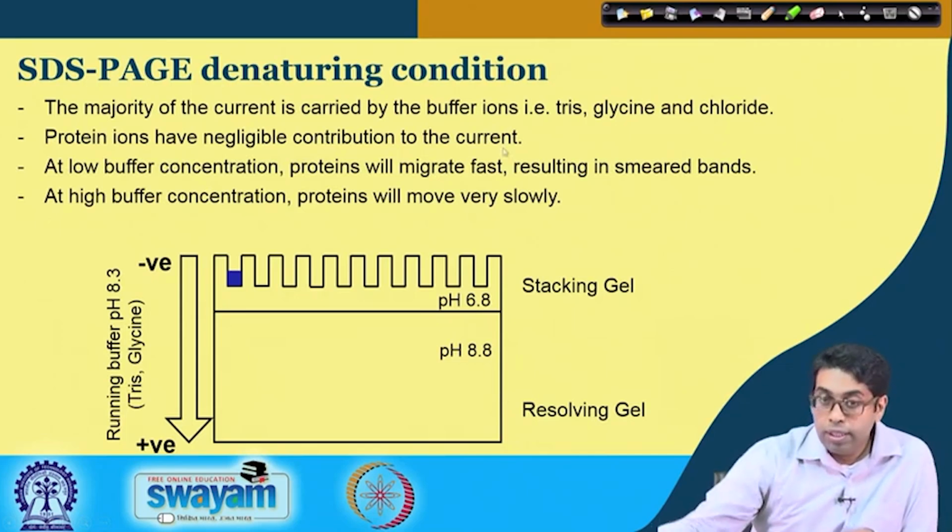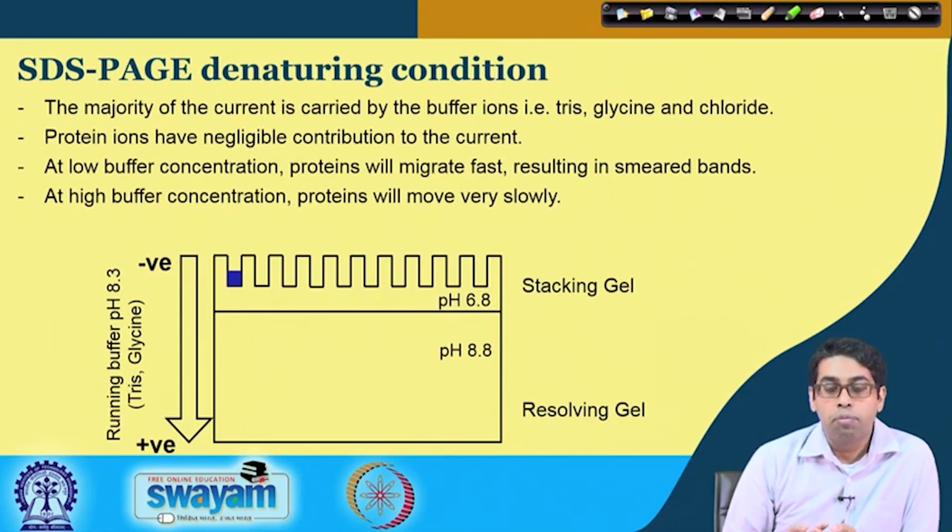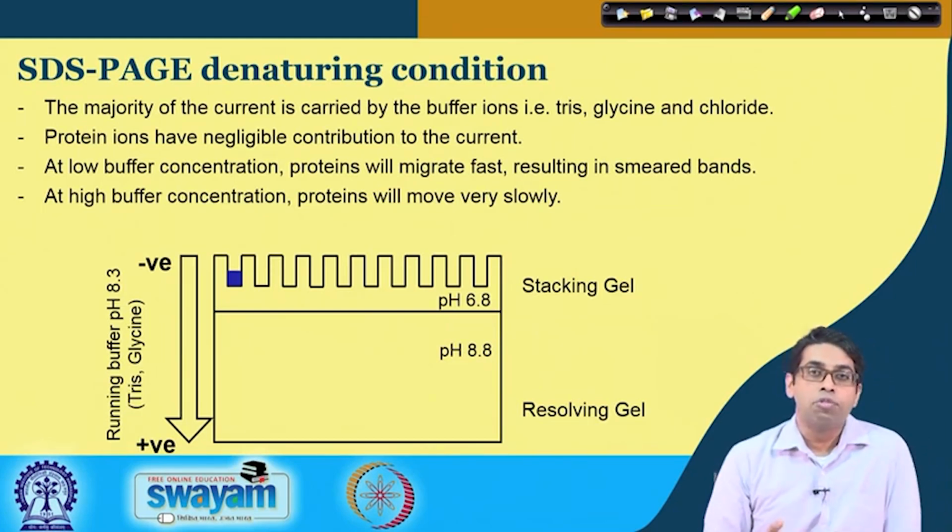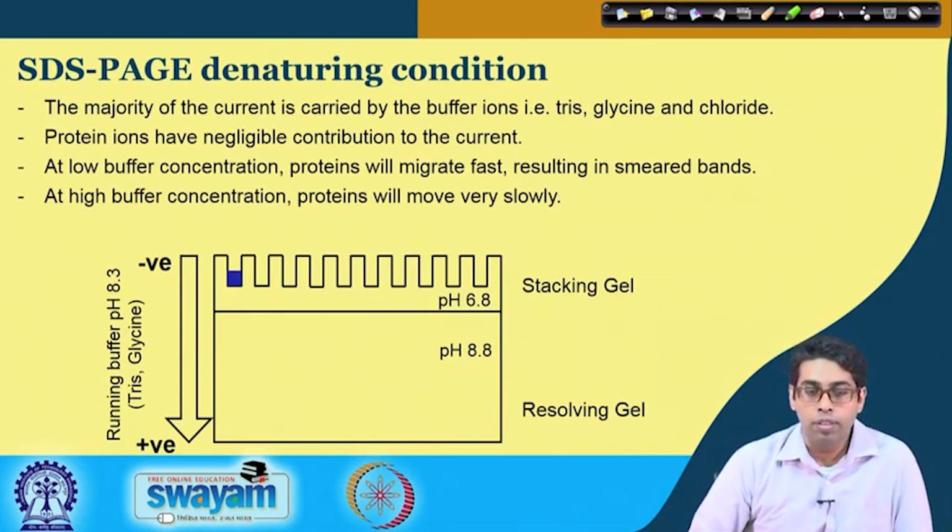It turns out that the concentration of the buffer is very important. A typical practice in any lab is that we make 10x buffer solutions, and before running a gel, that 10x solution is diluted to 1x and the gel is run. If someone forgets to dilute it properly and makes it, let us say, 20x or even more, then the buffer concentration will be too low.